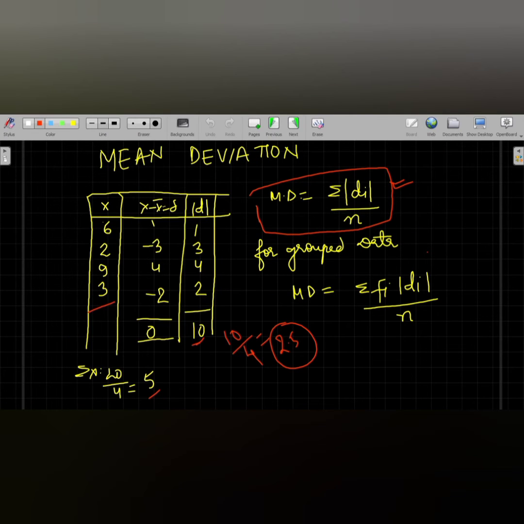See, this is the data. If we add any constant number, we'll see that in the deviation there will be no change. If we add or subtract a constant number from the data, we'll see no change in the deviations. So that's why it is independent of origin.